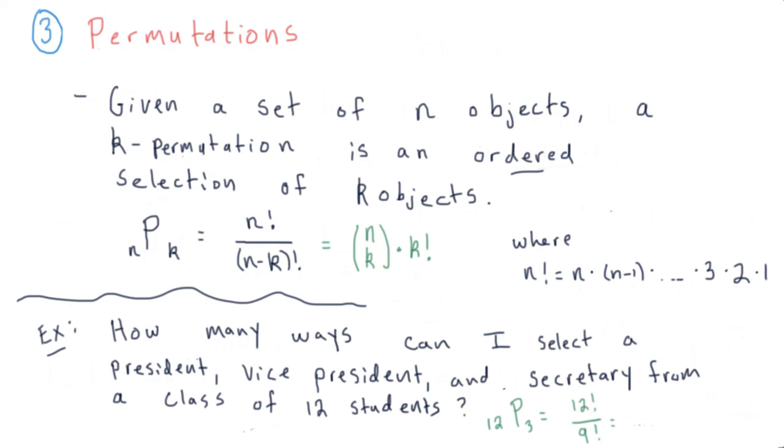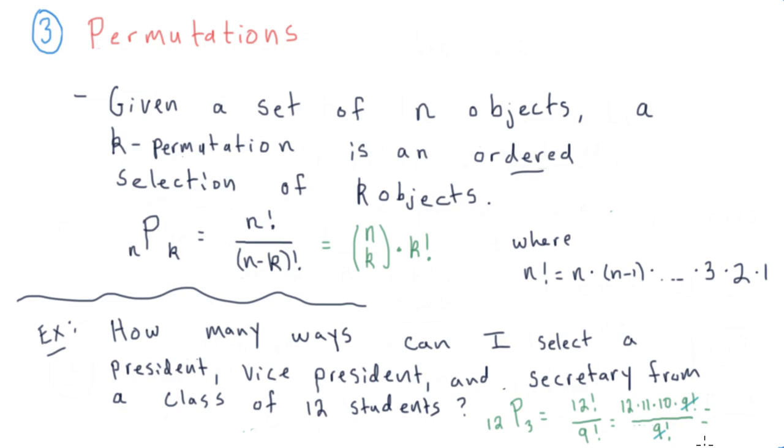And again, I can sort of simplify the computation if I realize that the top is 12 times 11 times 10, and then times 9 factorial, all over 9 factorial, because remember that 9 factorial is just 9 times 8 times 7 all the way down to 1. So I can write 12 factorial like this and actually cancel the 9 factorials. And you see now the answer is probably what you would expect. It's just 12 times 11 times 10.